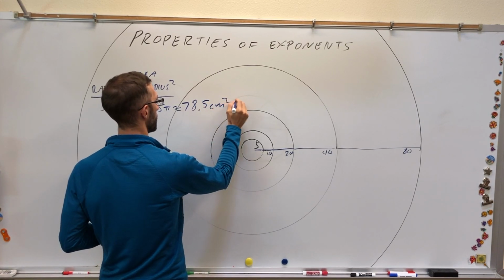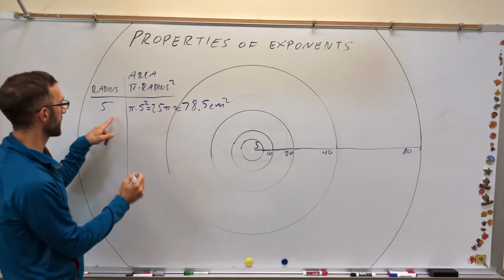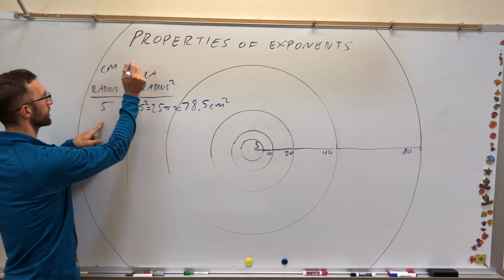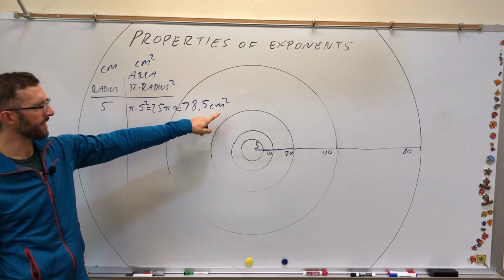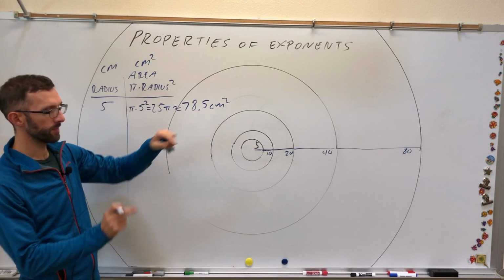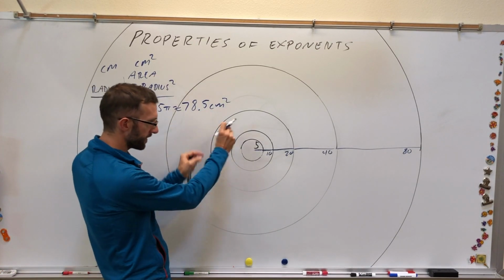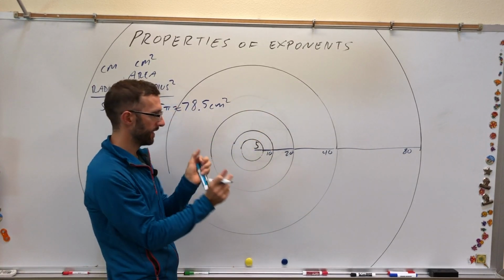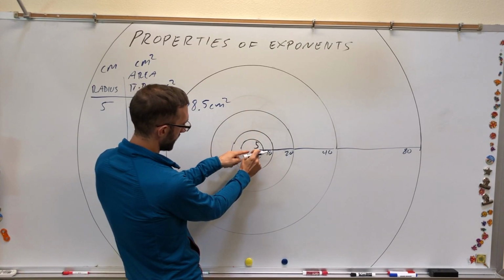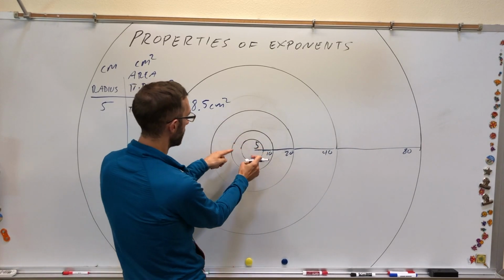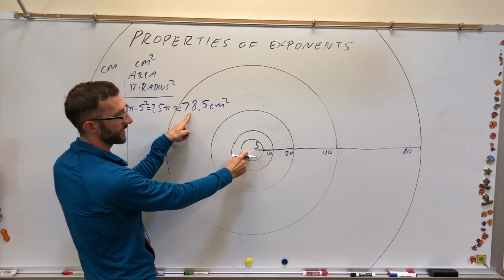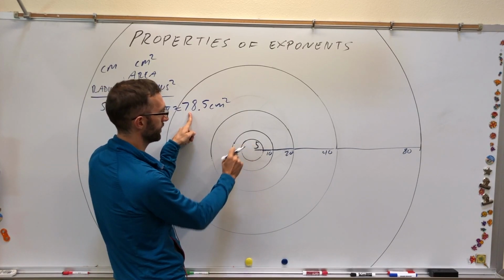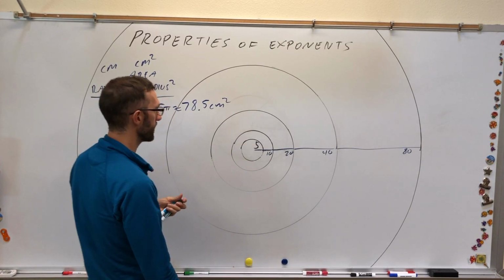And that is centimeters squared, whereas the radius is centimeters. Anytime we're talking area, it's squared because that's how we measure area. If we were to cut this whiteboard up into little tiny squares that measured 1 centimeter by 1 centimeter, this smallest circle would take up 78.5 of those small squares.